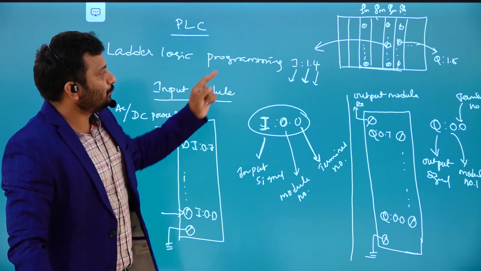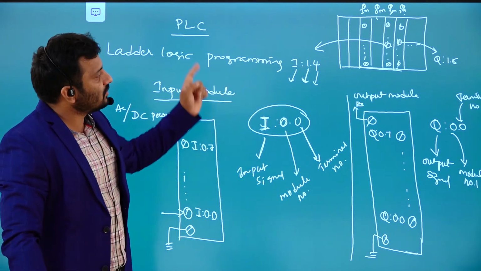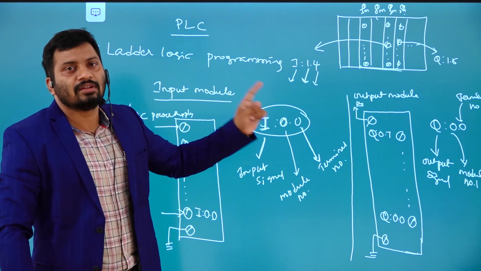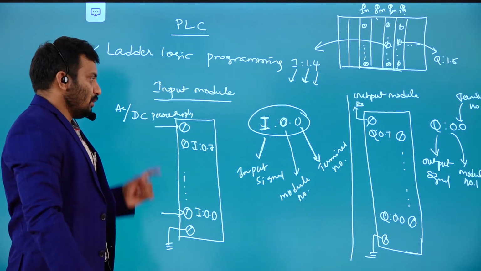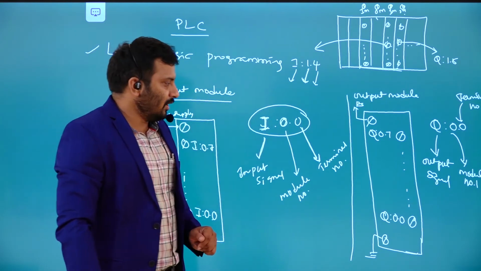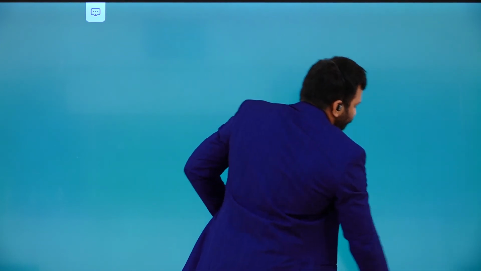If n number of terminals are there, you can address n number of terminals with different addresses. So like that you can address terminals in the PLC panels. This is the way hardware is going to be addressed.